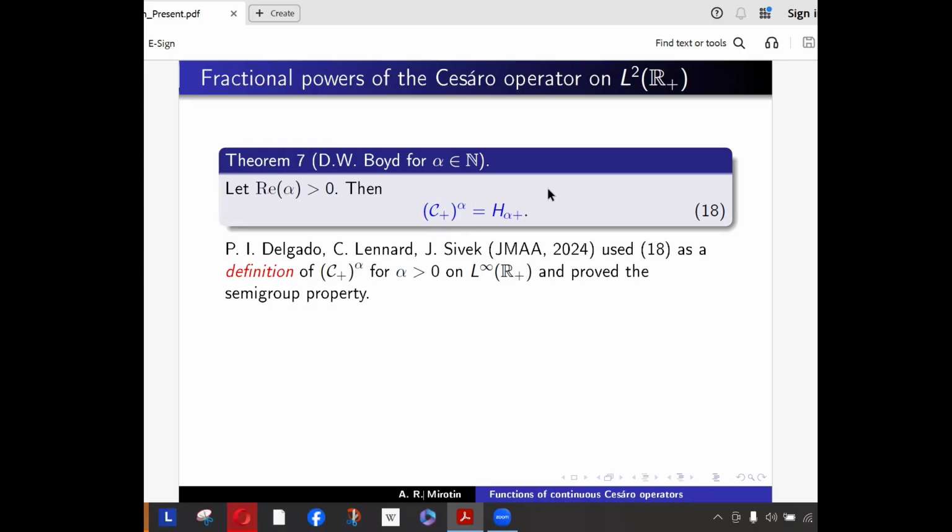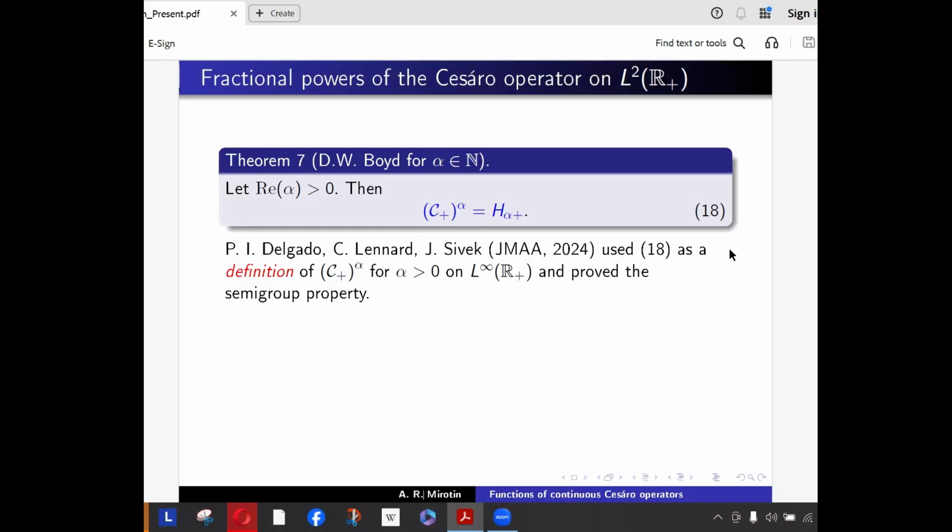And to justify this definition, Delgado, Leonard, and Civic in their paper proved the semigroup property of this operator defined by the formula 11.